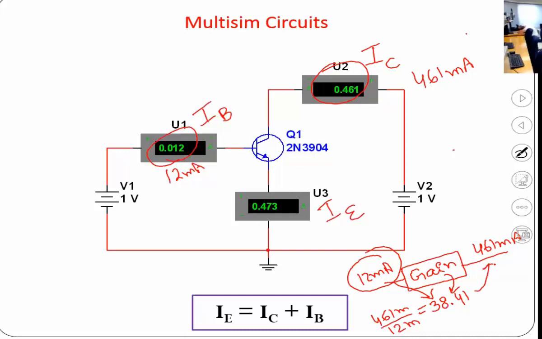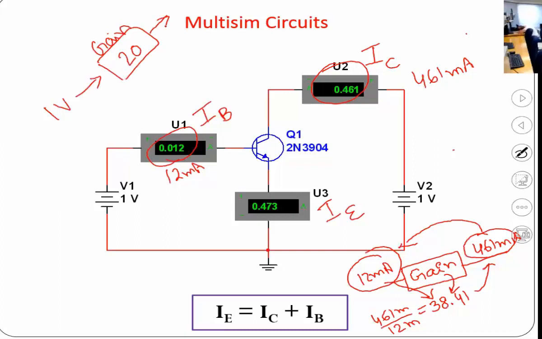So the term gain implies it's a ratio of output divided by the input. For example, if I have an amplifier with 1 volt input and a gain of 20, how much am I going to get out?